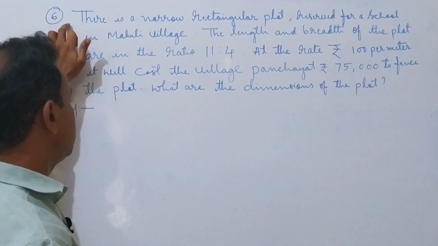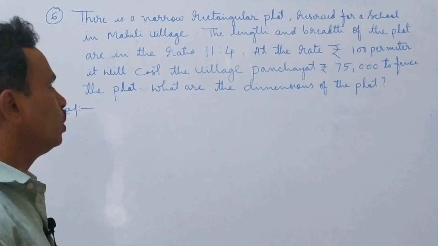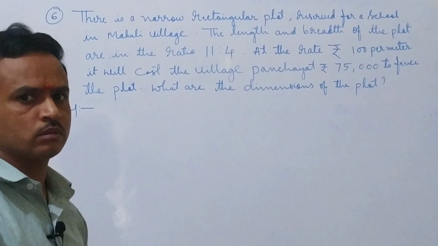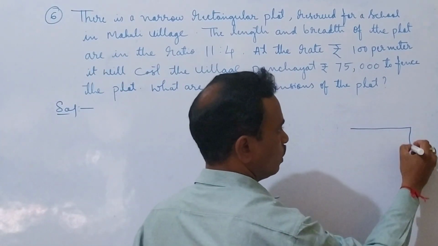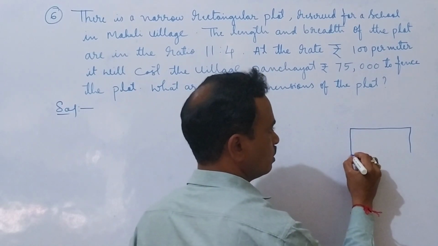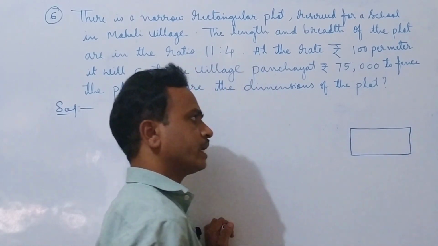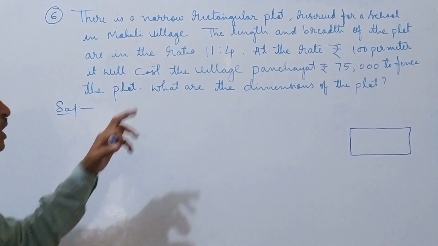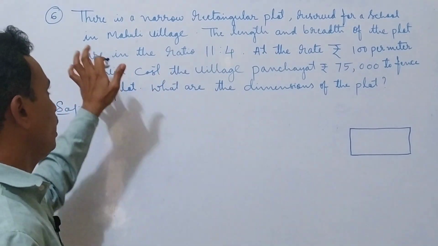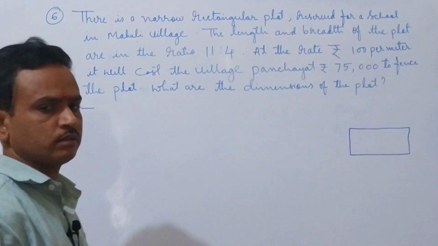Question number 6. There is a narrow rectangular plot. According to this question, there is one rectangular shaped plot, reserved for a school in Mahauli village.